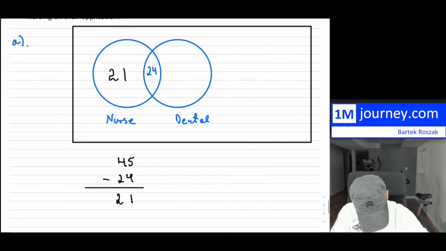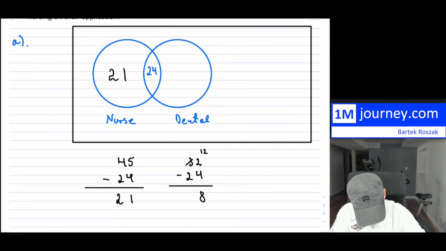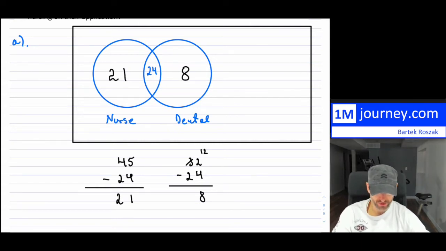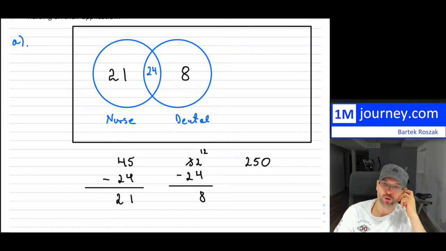Now for dental, we had 32. So 32 for dental minus the intersection between the two, which is 32 minus 24, is 8. So that's how many students we had for dental only. And notice 8 plus 24 is 32 in total. Now we had 250 students in total, the total number of students.